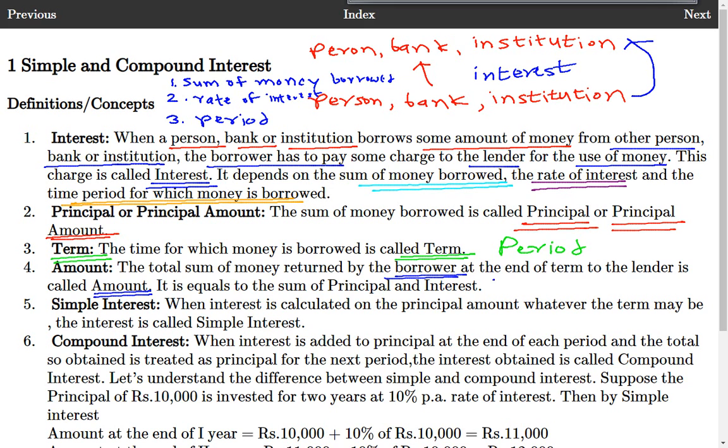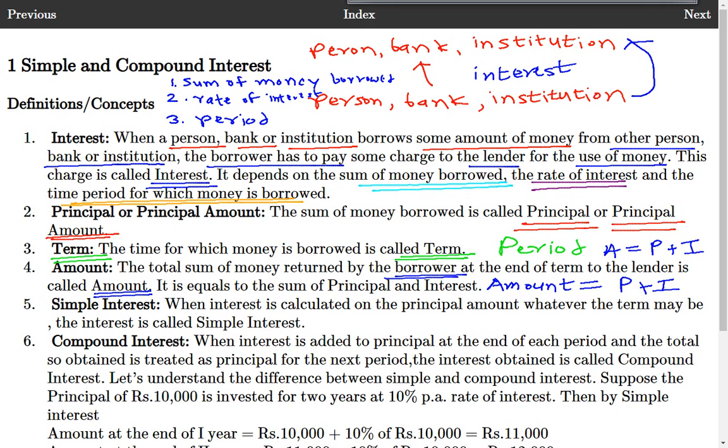Amount equals principal plus interest. So A is equal to P plus I, where A denotes amount, P denotes principal amount, and I denotes interest.